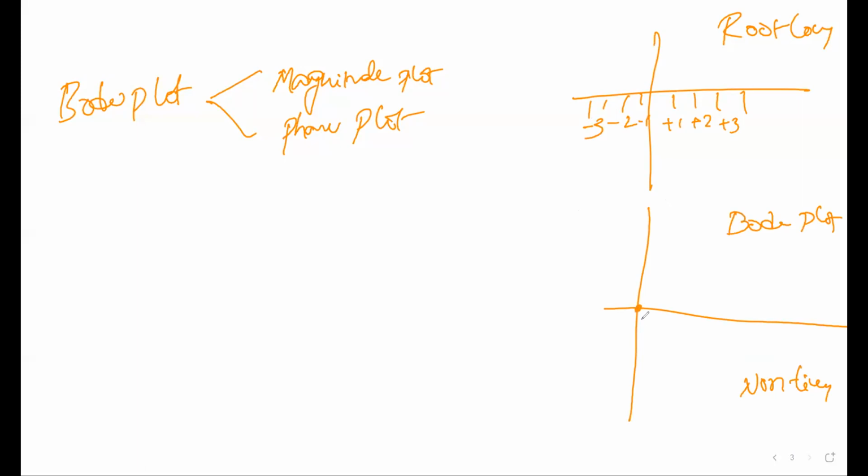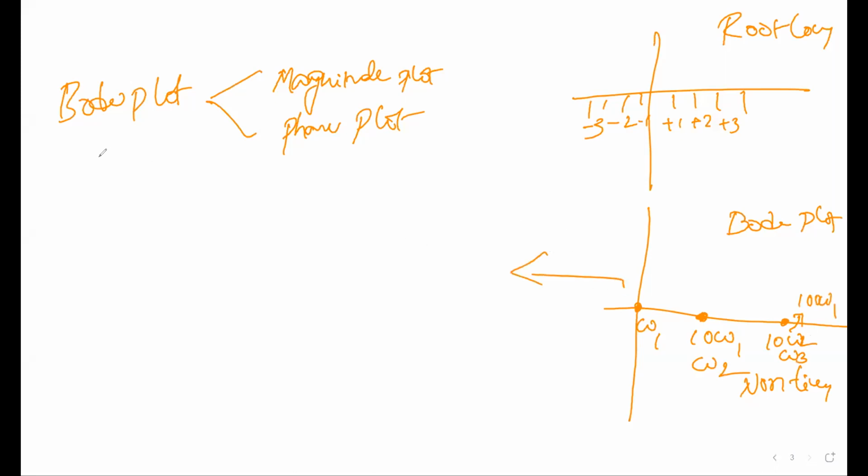So if the first frequency is ω1, the next frequency is 10 times ω1, which is ω2. The next frequency is 10 times ω2, which is ω3, nothing but 100 ω1.